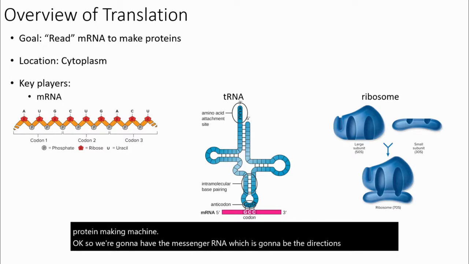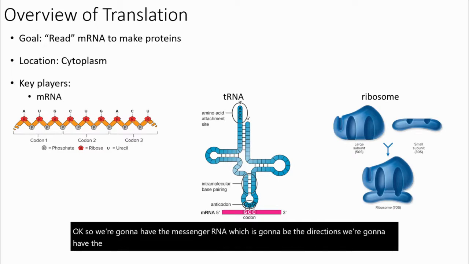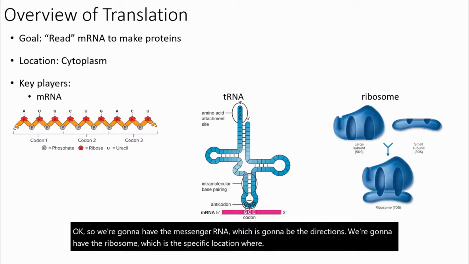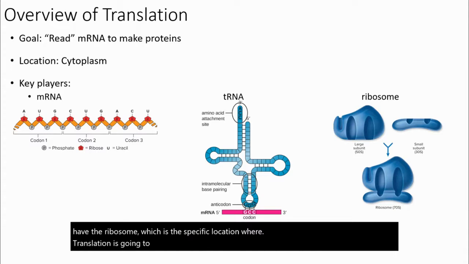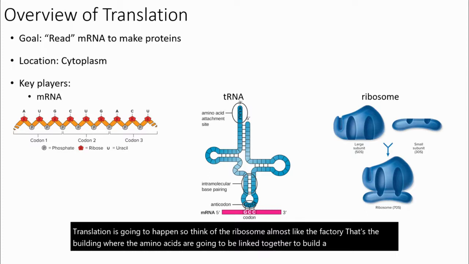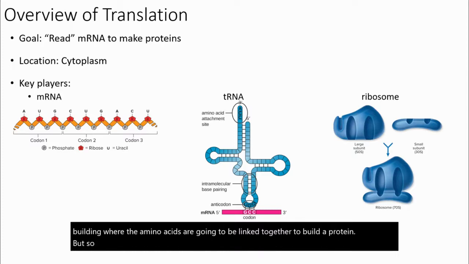We're going to have the ribosome, which is the specific location where translation is going to happen. So think of the ribosome almost like the factory. That's the building where the amino acids are going to be linked together to build a protein. But so far, we have directions and we have the building.